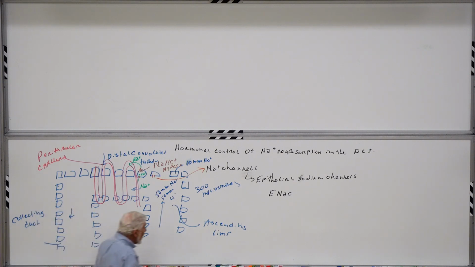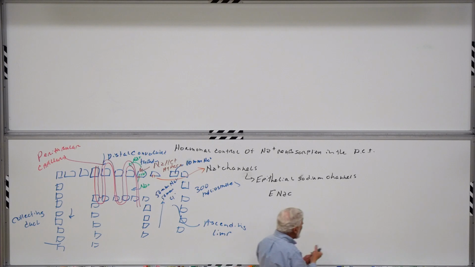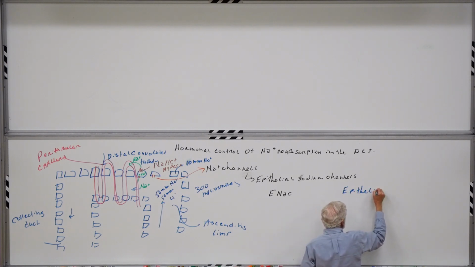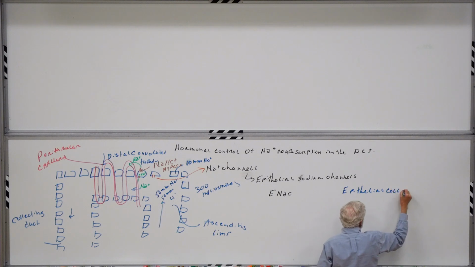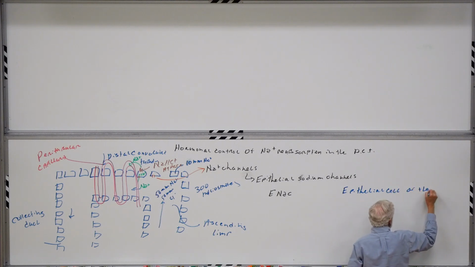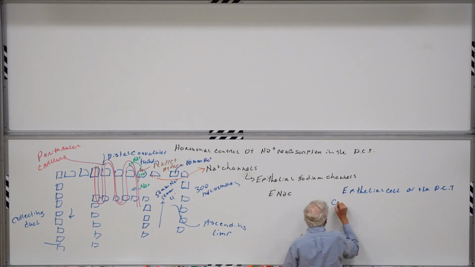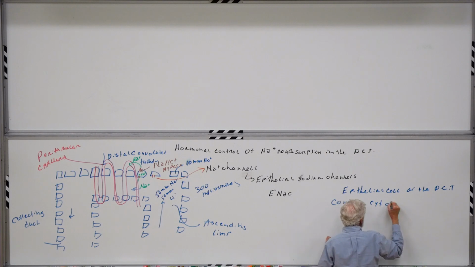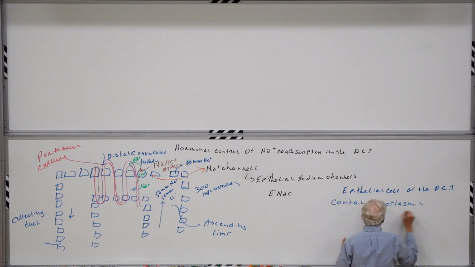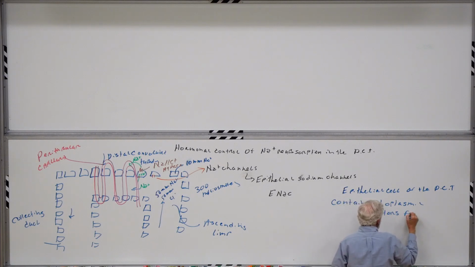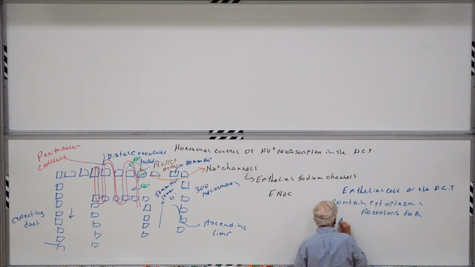So we find that the epithelial cells of the distal convoluted tubule contain cytoplasmic receptors for aldosterone.